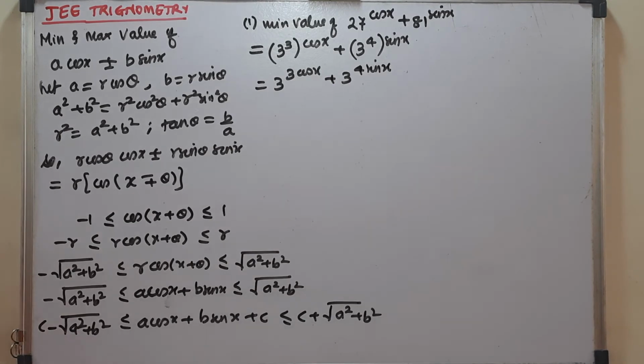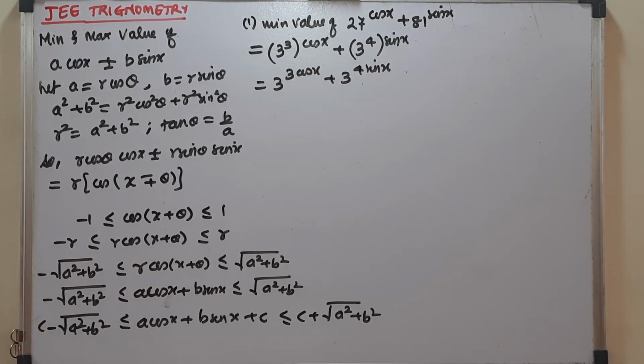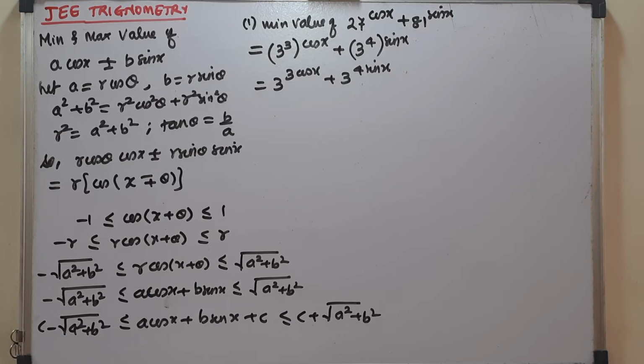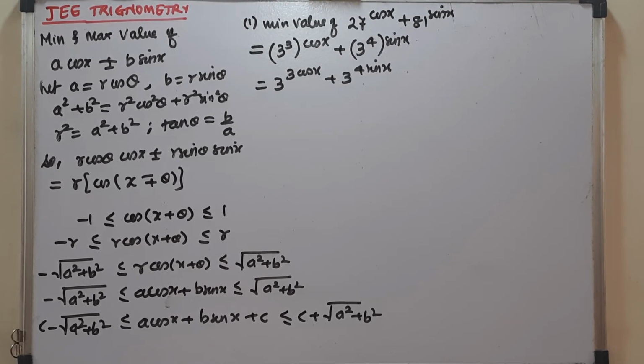So what I got here is 3 raised to 3 cos x plus 3 raised to 4 sin x. Now if I think about this in terms of the index rule, is it going to help me? Let us calculate.